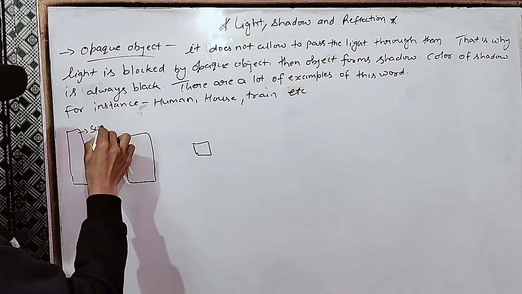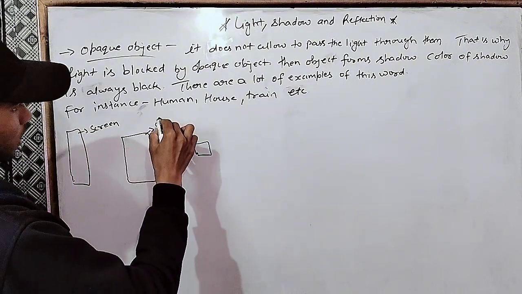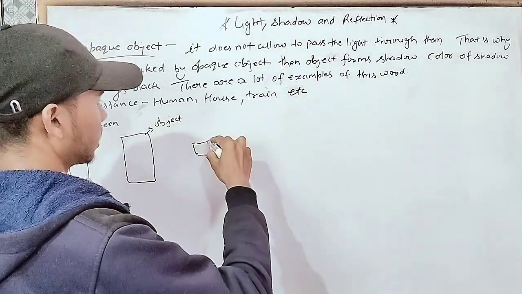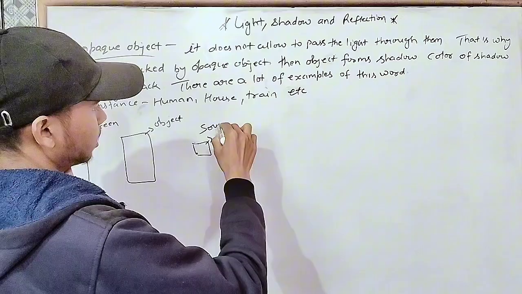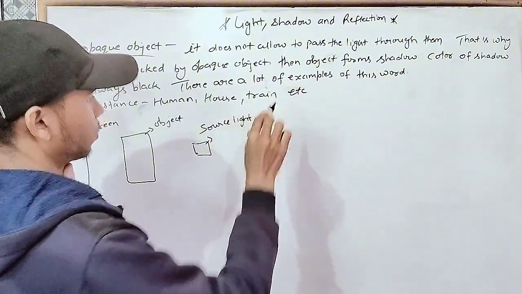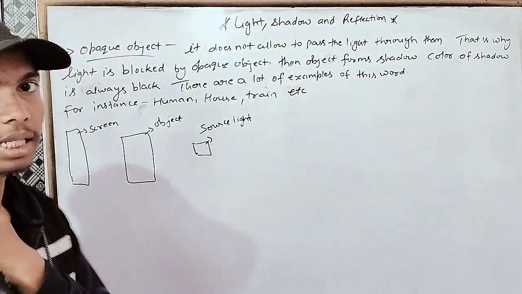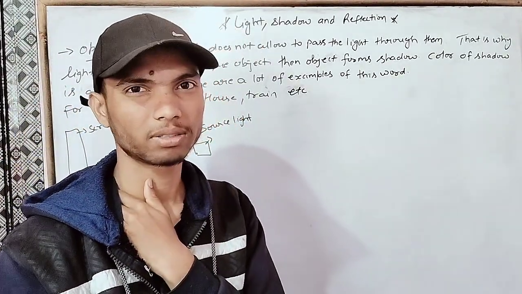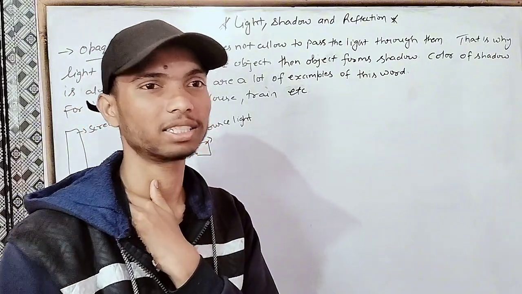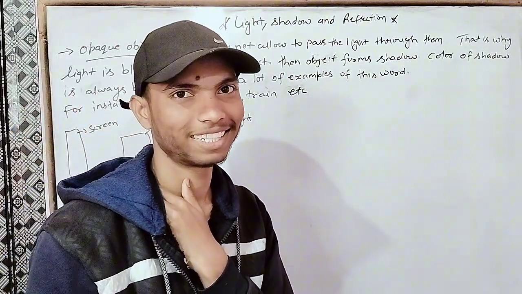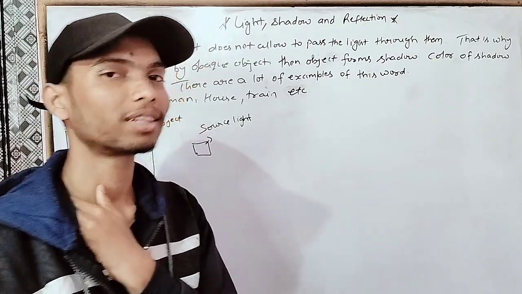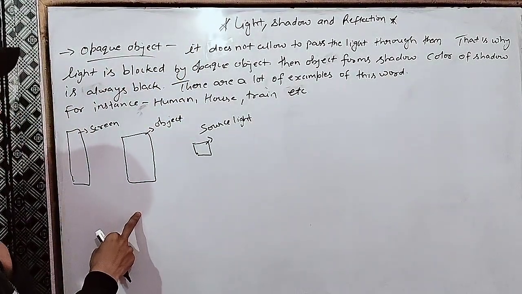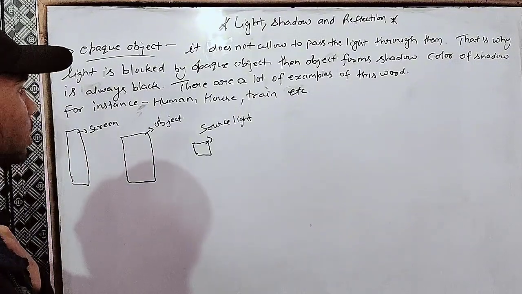That is what? A screen. And this is the object, but we don't know its name. And this is the source light. These are the three things to identify which object is transparent, translucent, or opaque. So we should have at least three things: this is a screen, this is the object whose name we don't know, and this is the source light.